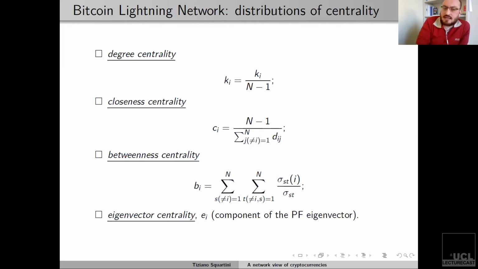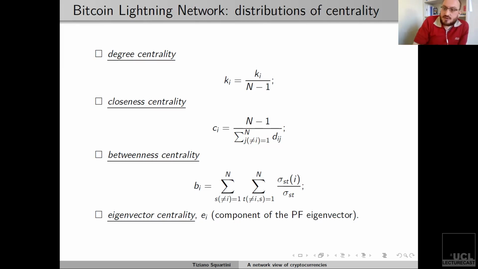The closeness centrality tells you that a node is very central if it's not so far from all the other nodes. So it calculates the topological distance a node has with all the other ones. Then you have the betweenness centrality that tells you that the node is central if it's crossed by many paths. And then you have the eigenvector centrality.